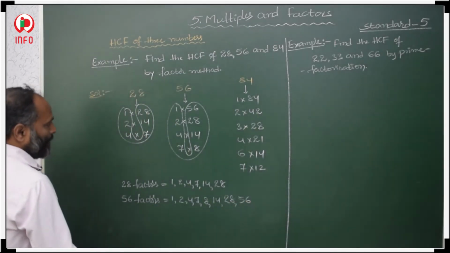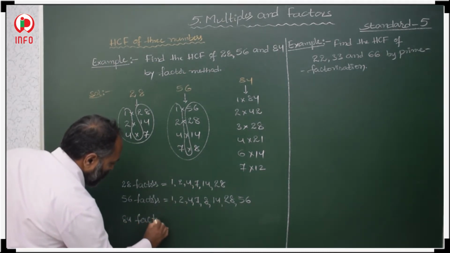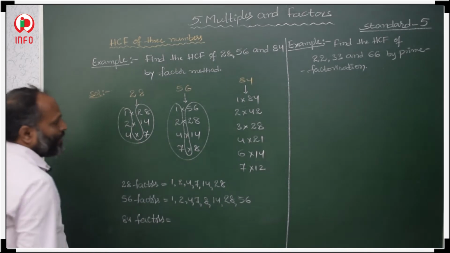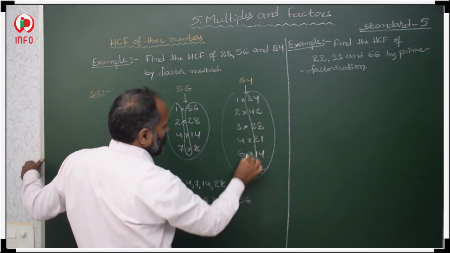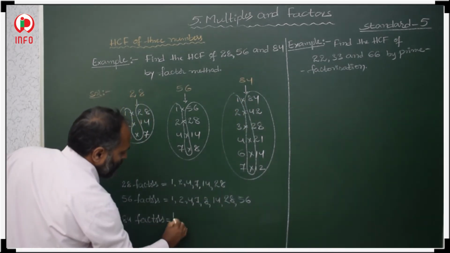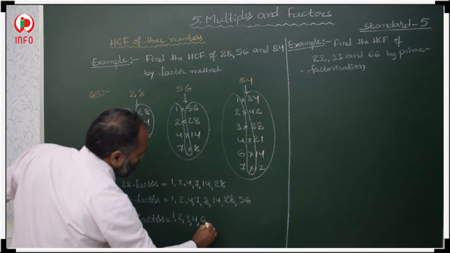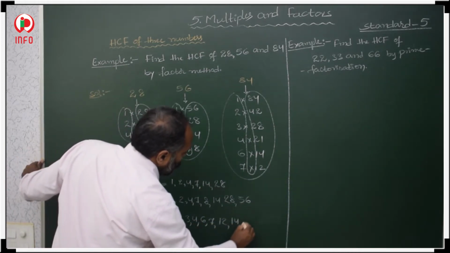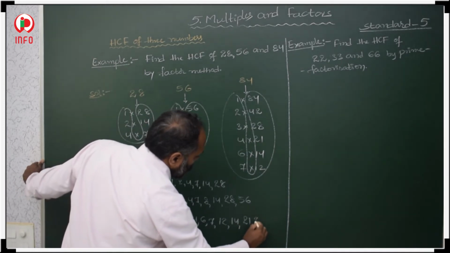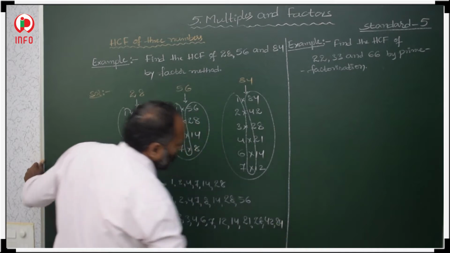Okay. Now the factors of 84, in U shape: 1, 2, 3, 4, 6, 7, 12, 14, 21, 28, 42, 84.